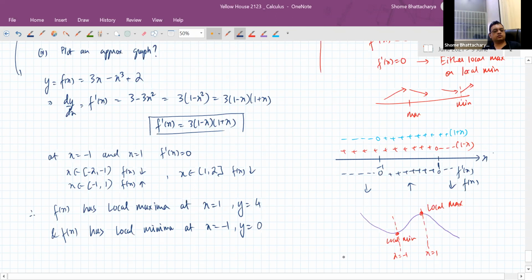So that is 0. So at this point, you can see our y coordinate should become 0. And at this point, our y coordinate should become 4.